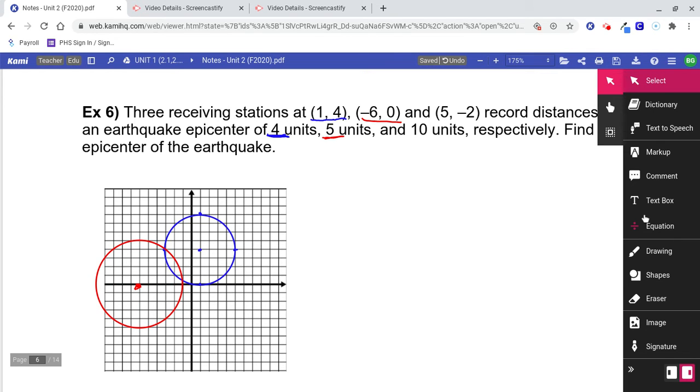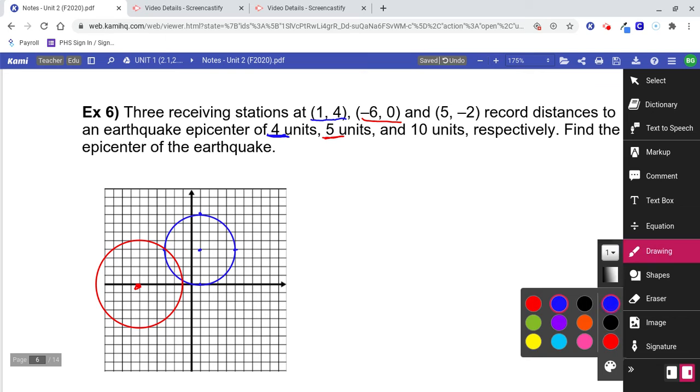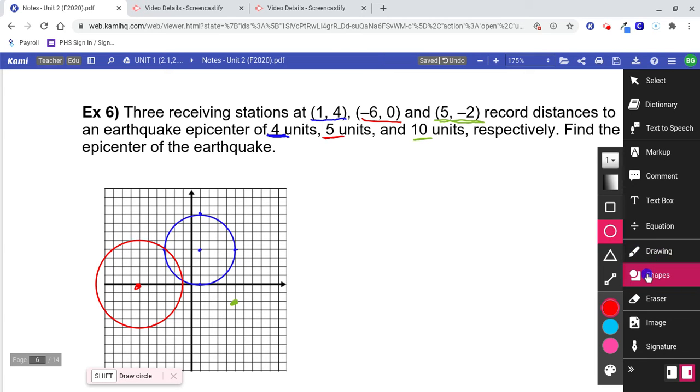And then let's do the last one. Center at (5, -2), and a radius of 10. Center at (5, -2). Let's try this again.